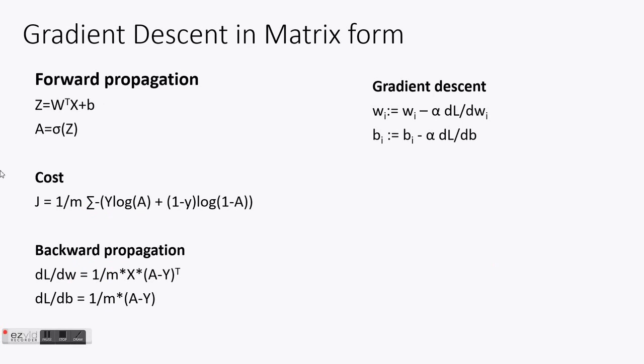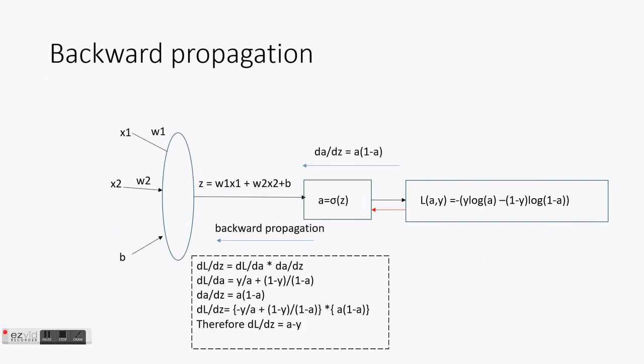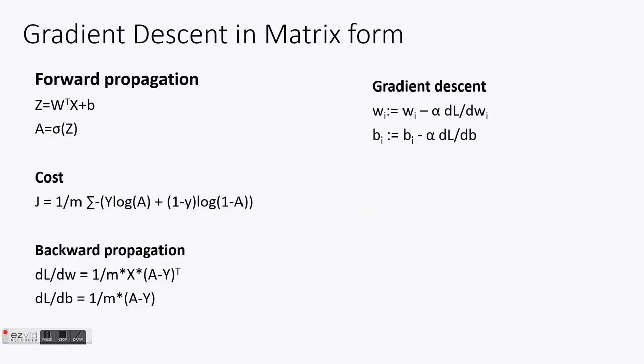The whole reason why we computed all these equations was because the equations for the backward propagation and the forward propagation can be implemented very easily using Python, R, or Octave. These are all in matrix form. Z is equal to W transpose X plus B, and A is sigma of Z, where Z is a vector.